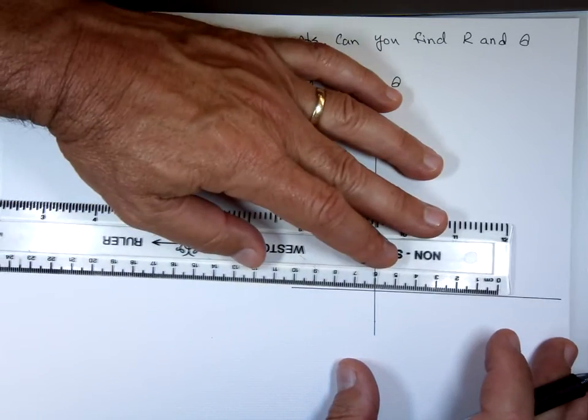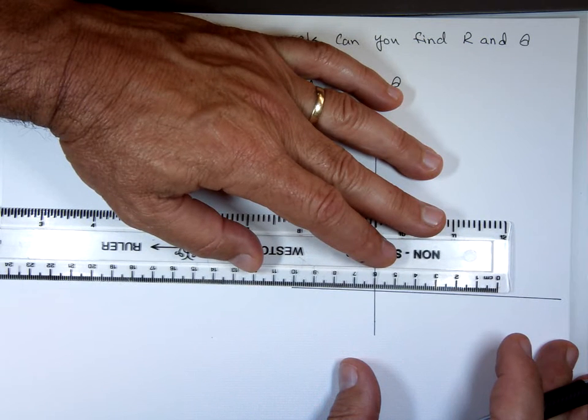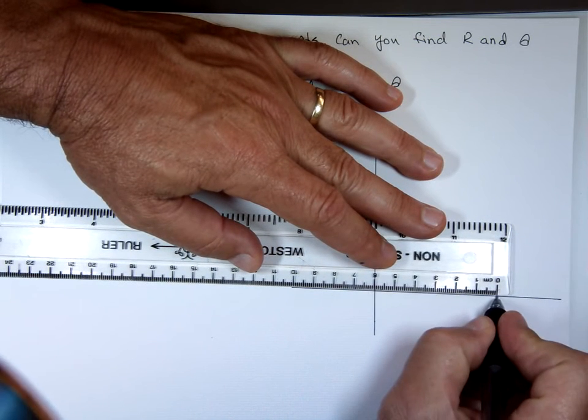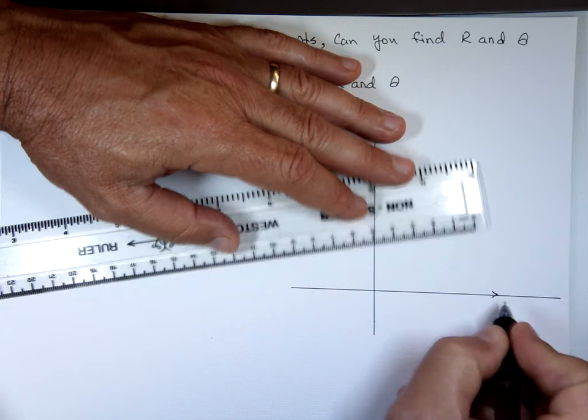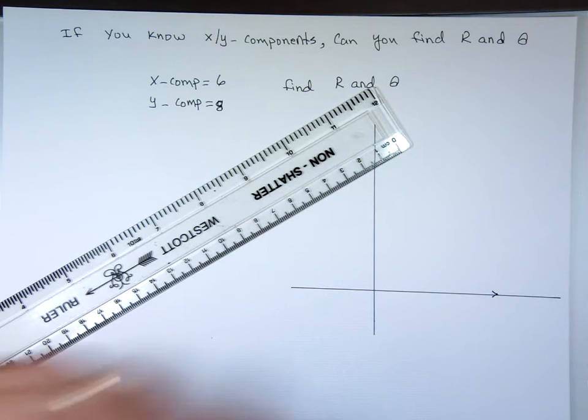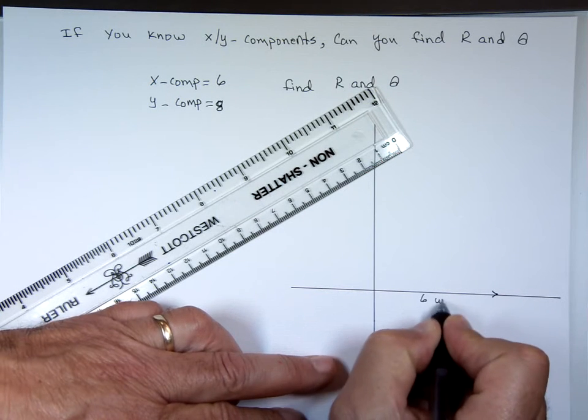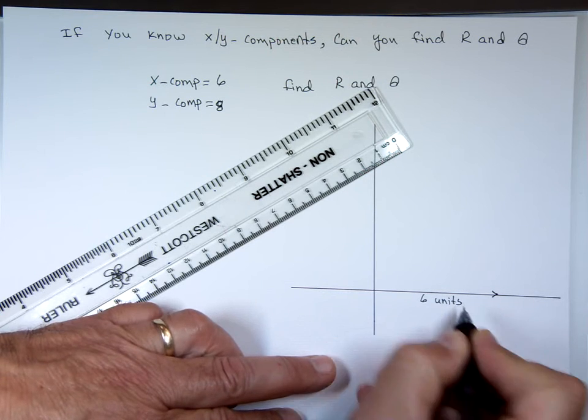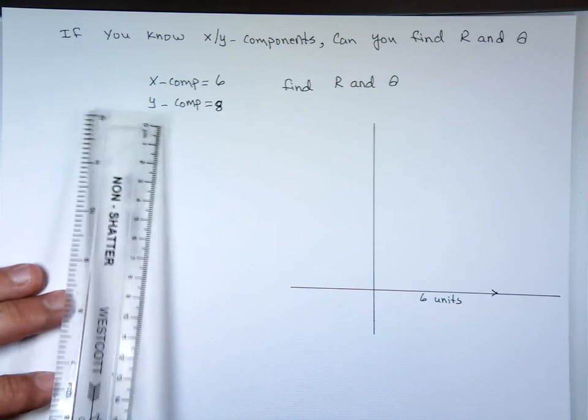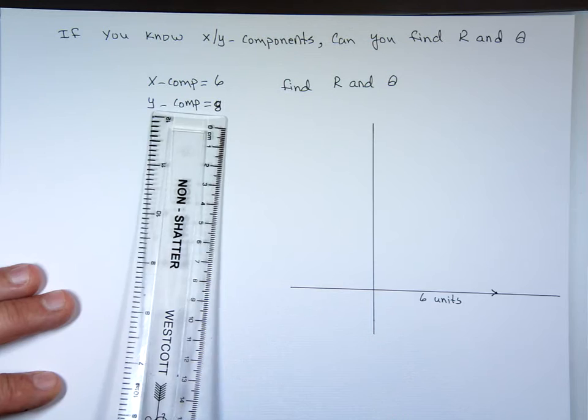Let's go 6 centimeters. That's right here to 6. That's the 6, the x component. When you get to that point, this one says go 8 units in the y direction. Go up 8 units.